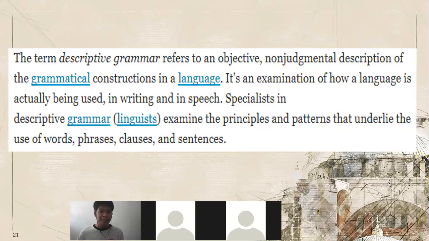The words ain't and no are already forms of negative words. Double negation na siya. In prescriptive, it's a no-no. It's a mistake. It's an error. It's ungrammatical. But in descriptive, it's fine. It's because that's how Black Americans use the English language.